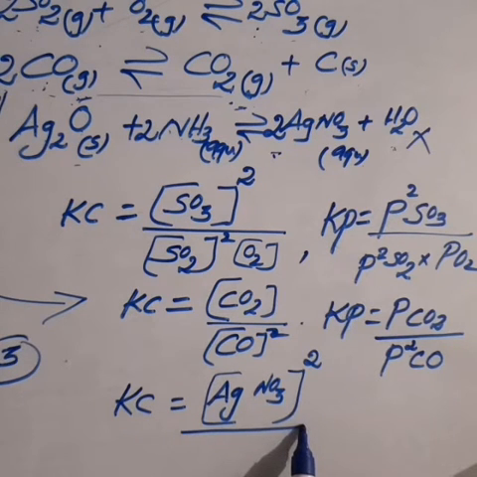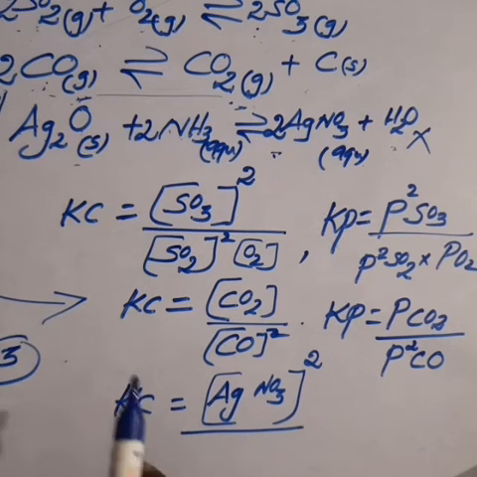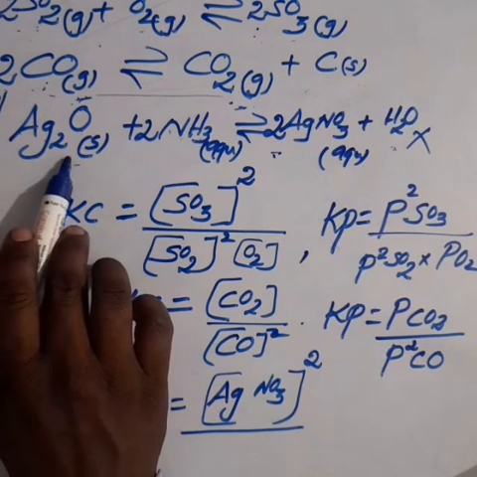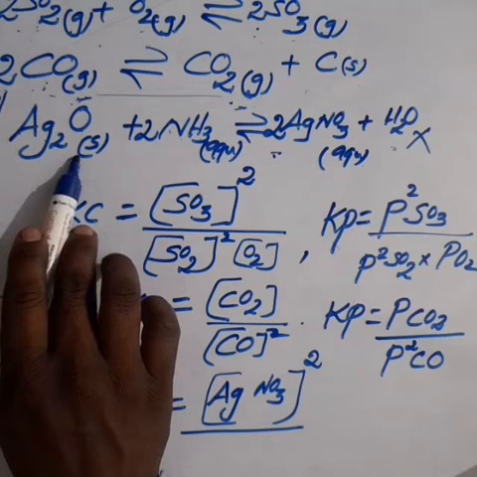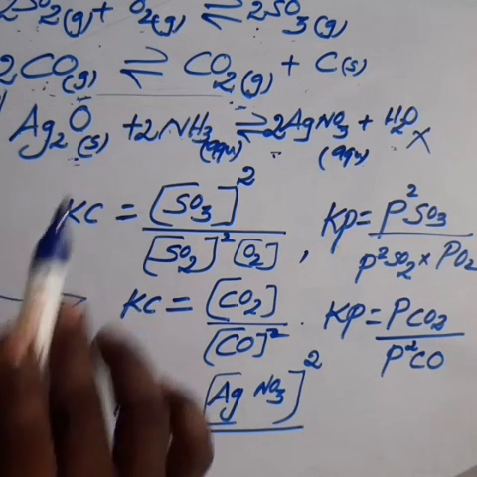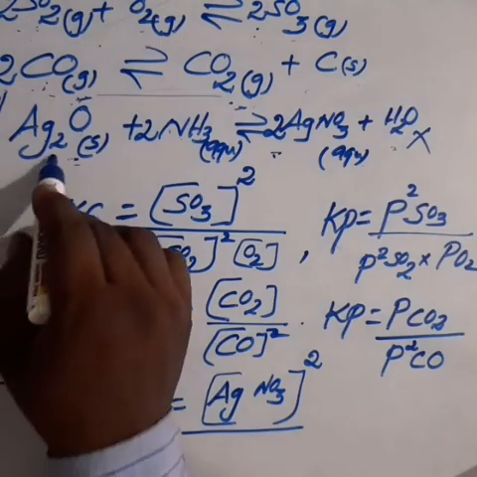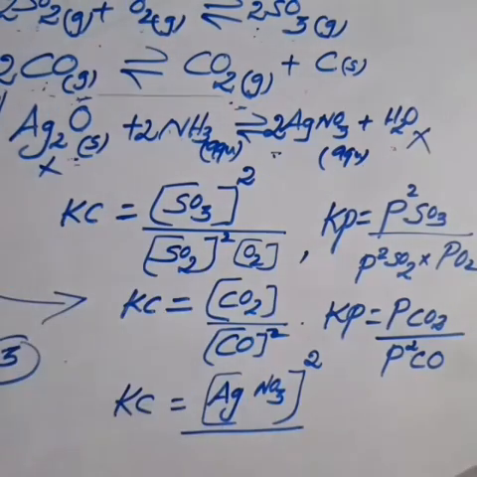Next, divided by silver oxide. Silver oxide is in the solid state. So don't forget that the concentration of a pure solid is also constant, so that term also we are removing. What's the remaining last term?